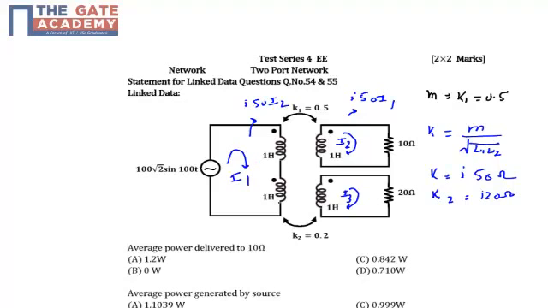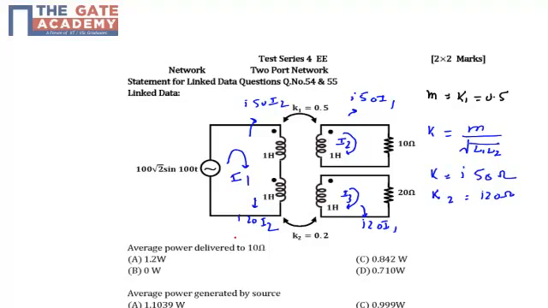Because of the source coil 1, we have a voltage in coil 3, which is j20 I1, because the coupling between coil 1 and coil 3 is j20. Similarly, because of the current I3, we have an induced voltage in coil 1, which is j20 I3. Right, so now we have these four voltage sources.